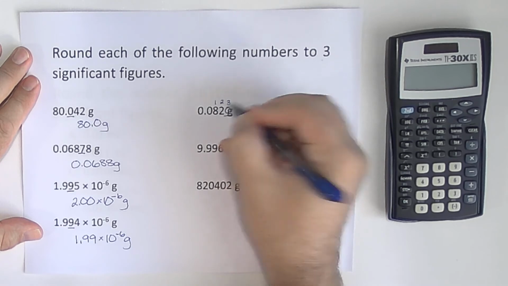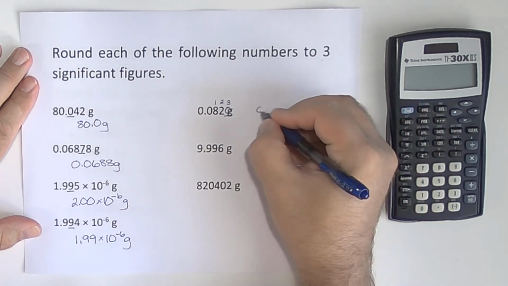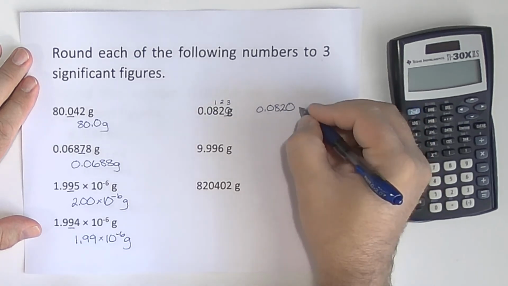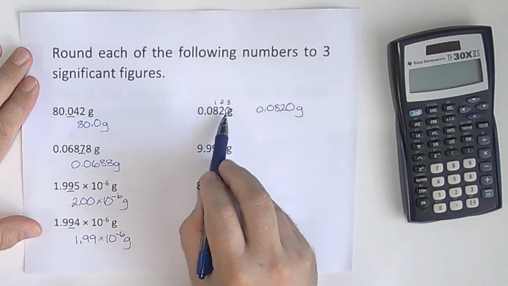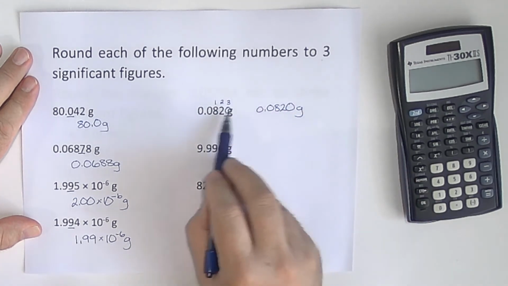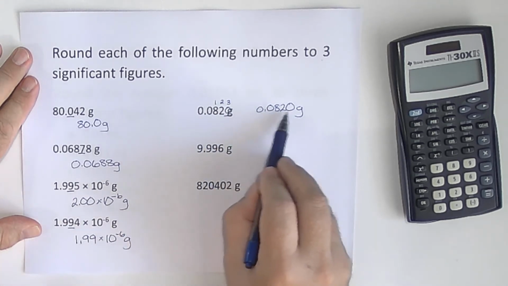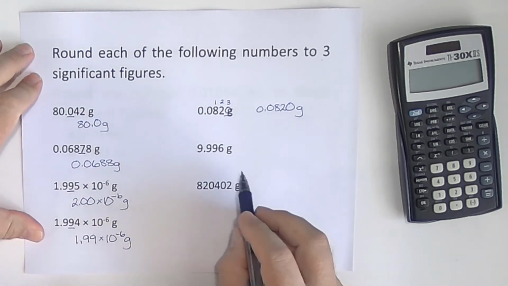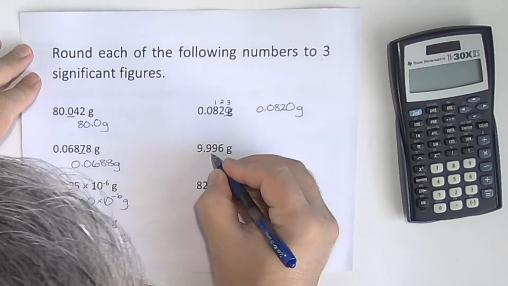I'm going to go ahead and add back in that trailing 0 to fill that third spot, 0.0820 grams. So watch out for this. Remember, your calculator will drop it, but there are zeros after this. In this case, that next 0 is significant, 0.0820.